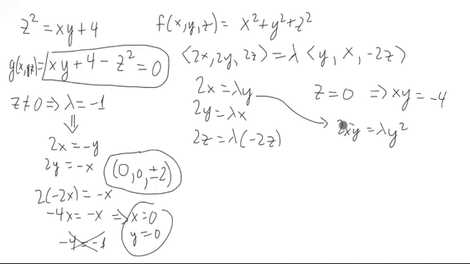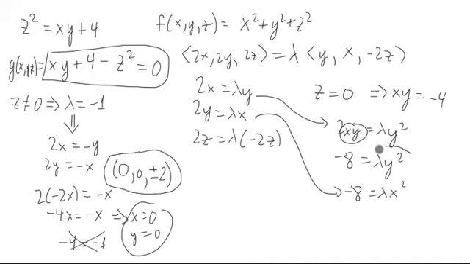Because this chunk would be a negative 4, so I'd have negative 8 is equal to lambda y squared. Here I multiply both sides by x to get 2yx, so basically I get negative 8 again on this side, equal to lambda x squared. This means these two things are equal to each other. This is perfectly fine because lambda could be negative in this case.